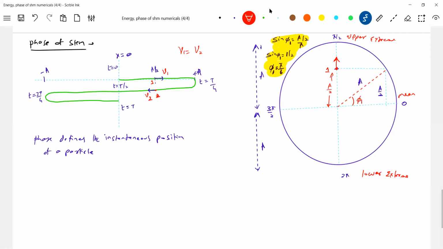Now, similarly, when the same particle is returning back, the same graph we will take.